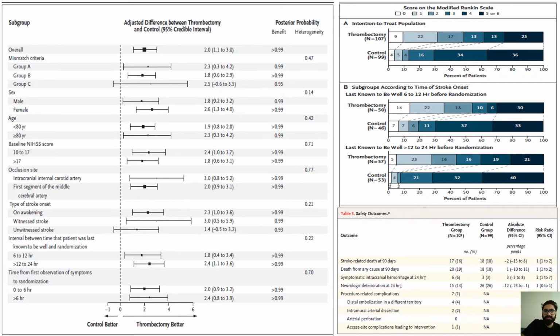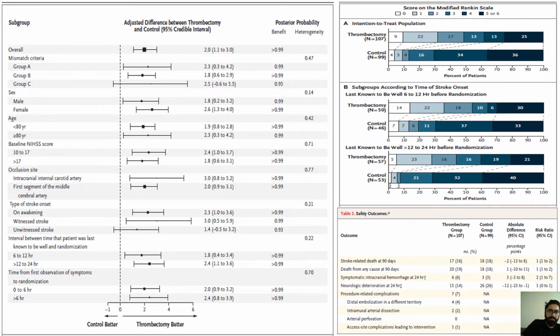The baseline NIHSS score, either 10 to 17 or greater than 17, favored thrombectomy. Occlusion site, ICA or the M1 segment of the MCA, both favored the thrombectomy arm. Type of stroke onset, on awakening, witnessed stroke or unwitnessed stroke, all three favored the thrombectomy arm.